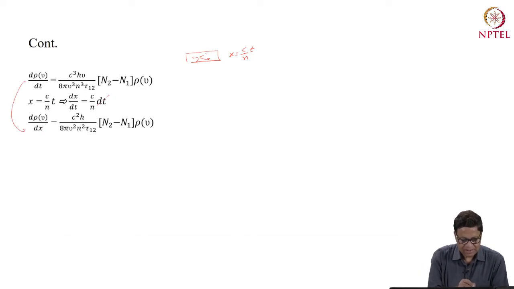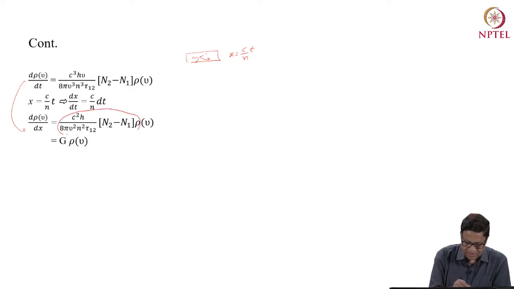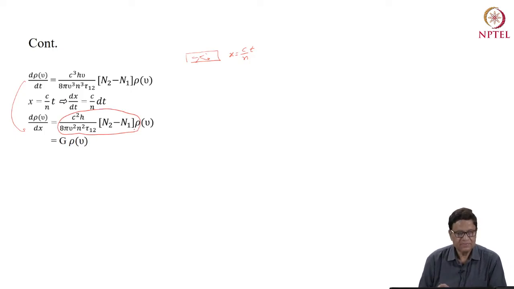this equation as d rho nu by dx is equal to c square h over 8 pi nu square n square tau 12 into N2 minus N1 into flux density. So this whole factor can be written as, say, G, which is called the gain.